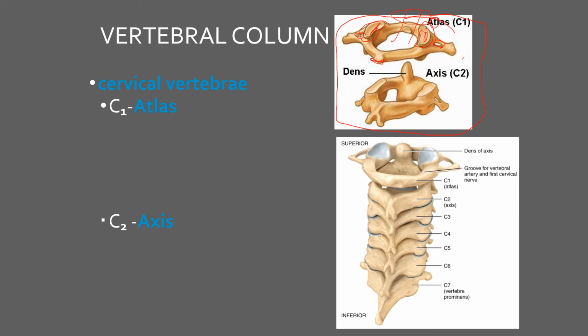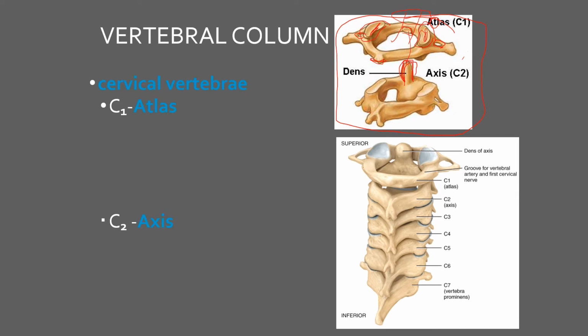And then when you place the C1, which is also called the atlas, on top of the C2, which is called the axis, you will have an articulation between this structure called the dens and this little facet. And if you can imagine placing these two together, you should be able to see that this is the joint that allows you to shake your head from left to right.